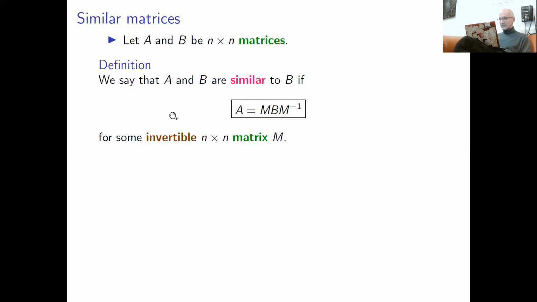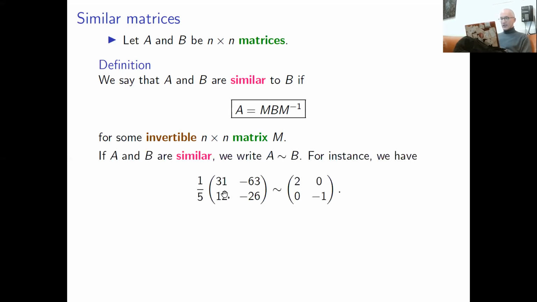Okay, so this is a very handy definition. You will see later that similar matrices have a lot of common features. This is why we reserve the word similar for them. And our examples in the previous lecture basically give us these similarities. So we have this 2 by 2, a little bit strange looking matrix, and we proved in the last lecture that it's similar to the matrix 2, 0, 0, minus 1, a diagonal, very simple looking matrix.